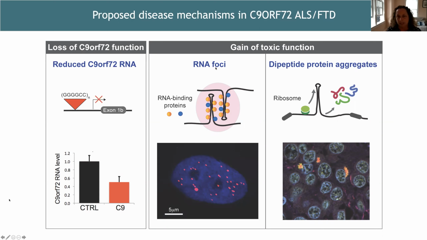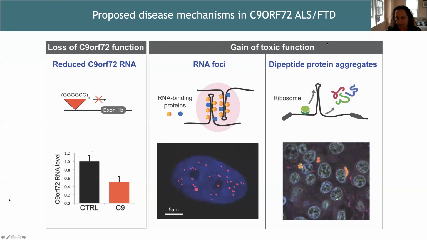And so very schematically, two types of mechanisms were proposed. One is loss of C9orf72 function, and that is supported by, indeed, there is a reduction of the level of C9orf72 RNA in presence of the repeats, and it's been shown that there are epigenetic changes and repression of the transcription of the downstream isoforms in presence of the repeat.